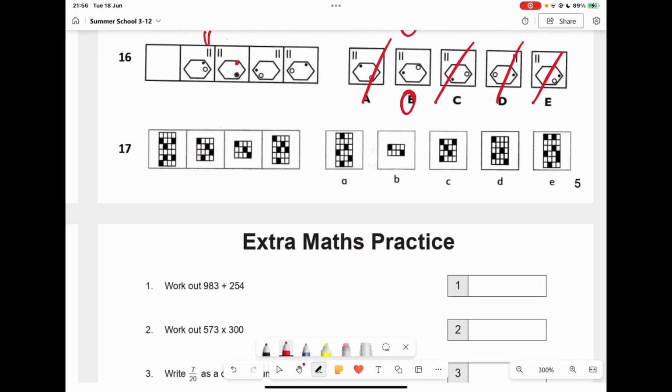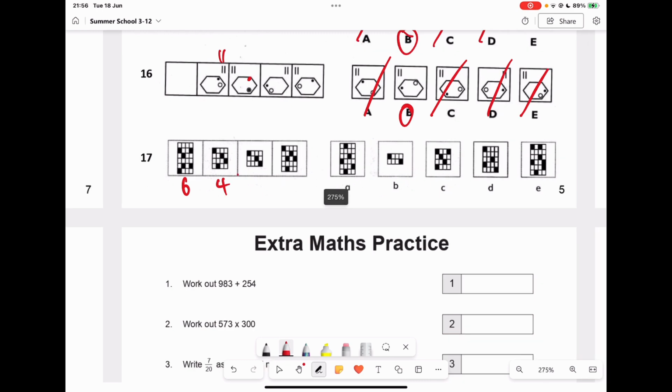Next is question 17. So we can see that we have a grid of 4 by 6, then it goes to 4 by 4, then 4 by 3, and then it goes to 4 by 5. So this has a length of 6, this has a length of 4, this has a length of 3, and this has a length of 5.